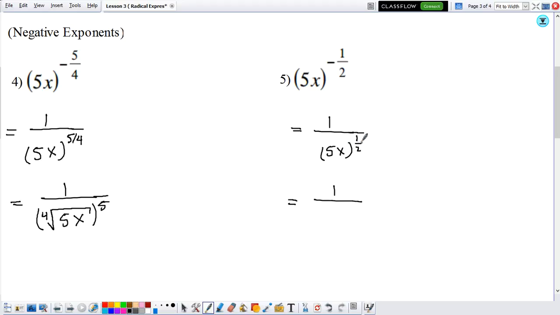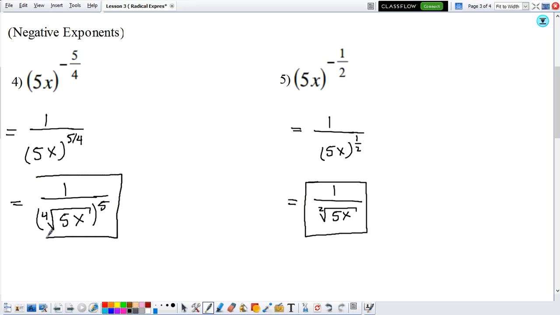The denominator has an exponent that is a fraction, so what's my base? My base is 5x. Now I need to write that as a root. My denominator is 2, so that means that my root is 2. Exponent is 1, so we don't have to write that, because when the exponent is 1, we don't write it. And that's pretty much it.